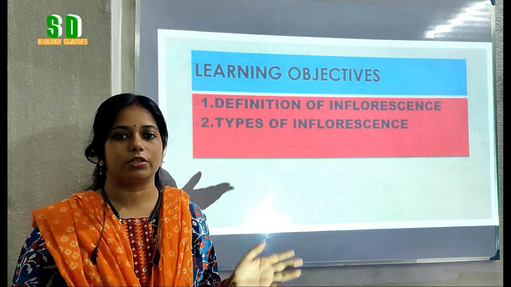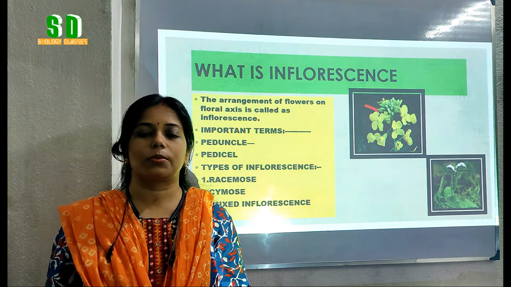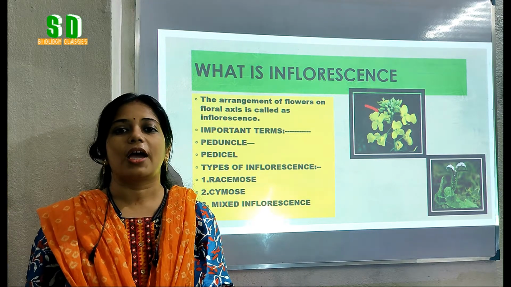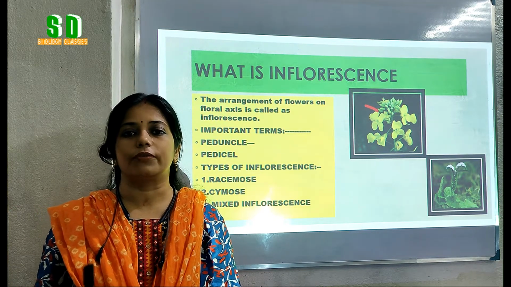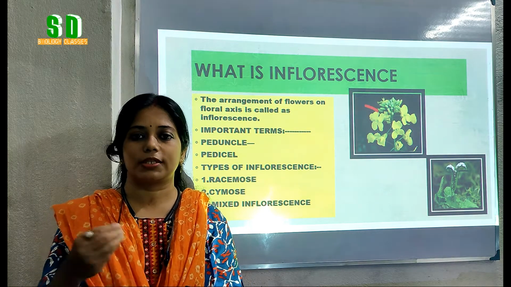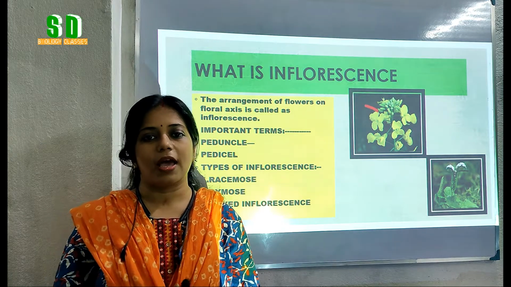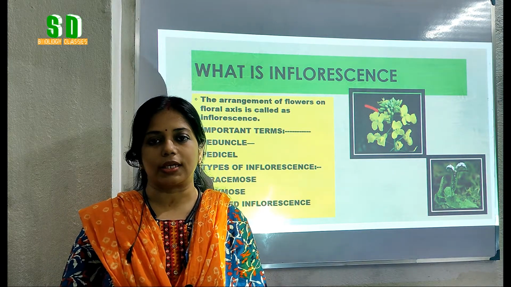So first of all, we will know what inflorescence is. So students, what is inflorescence? The arrangement of flowers on the floral axis is called inflorescence. That means we can see on the plant that the leaves are arranged on the stem, and that is known as phyllotaxy.